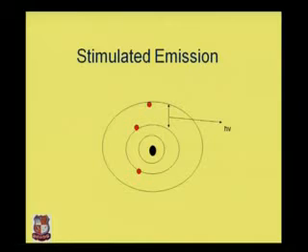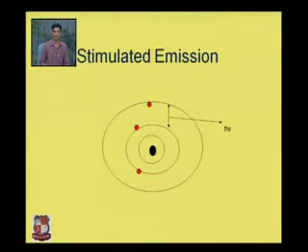This again, you concentrate on the one electron which is already in the excited state. Now that excited electron is not coming down automatically, it remains in the excited level. Now when your external photon is incident, right, Einstein had said that your external photon can stimulate that electron to come down.